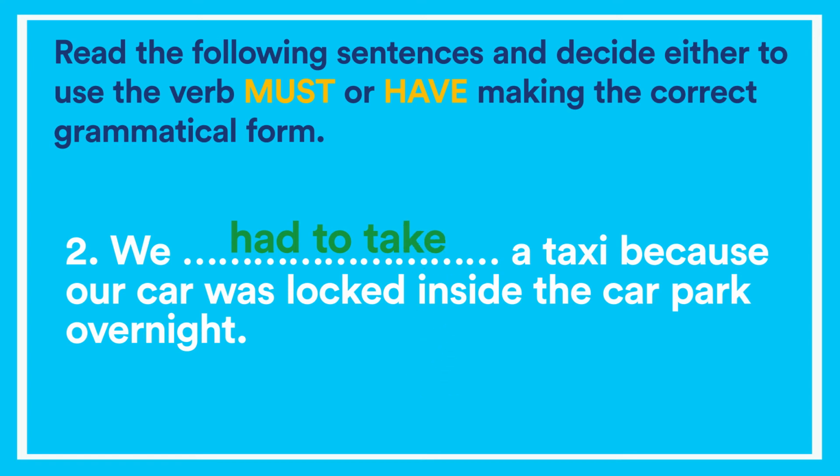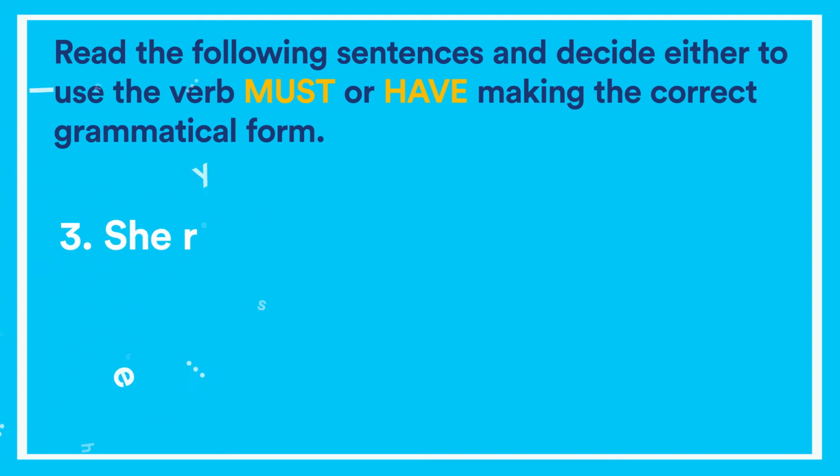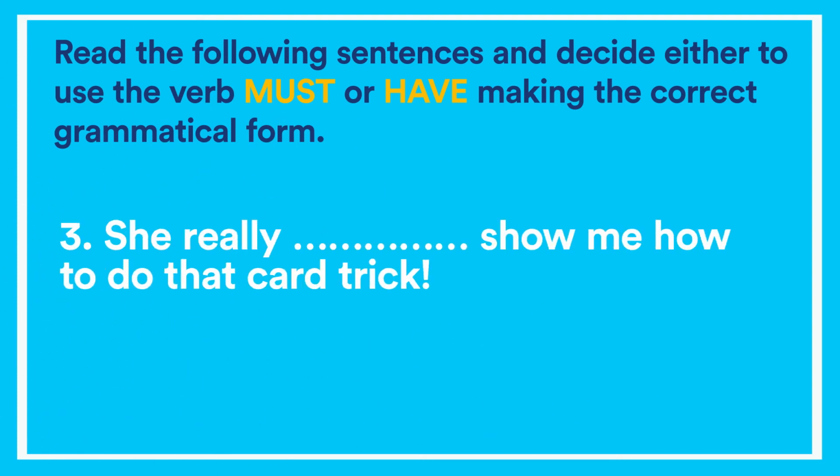We had to take a taxi because our car was locked inside the car park overnight. Number 3. She really show me how to do that card trick. Use the verb must. She really must show me how to do that card trick.